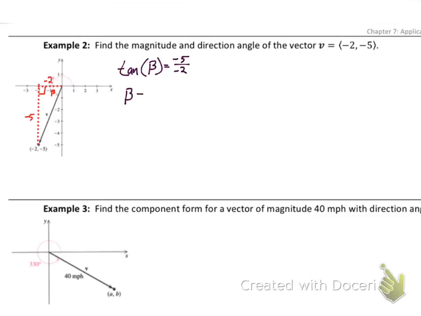So we're going to take tan inverse of both sides, and we're going to say our angle equals tan inverse of 5 over 2. And that means this angle is going to equal about 68.2 degrees. So this little guy right here equals 68.2 degrees.